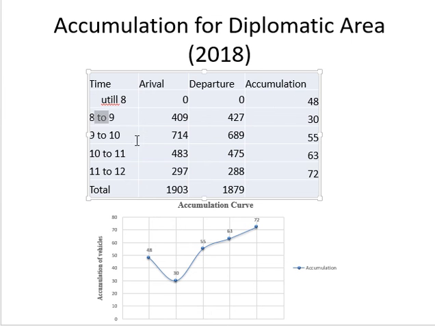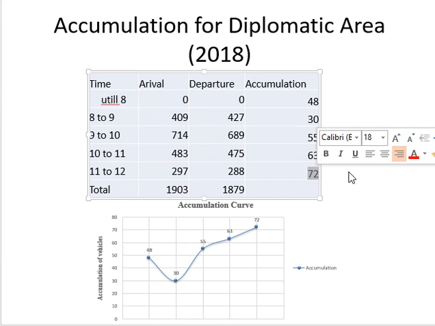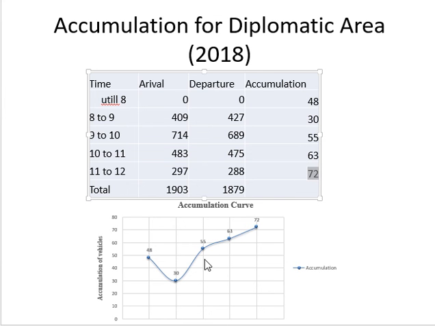But 8 to 9, then they went up to 12, so you can see the count is increasing, and then they said, okay, fine, we will not do it after this. So you can see they did not cover the full trend. They did not cover the trend when the accumulation is supposed to go down. So this should not be the case. But it's real data, so I thought that I should show it to you.